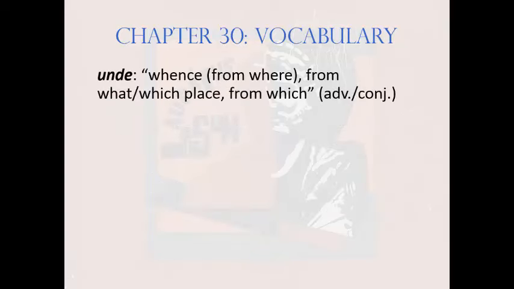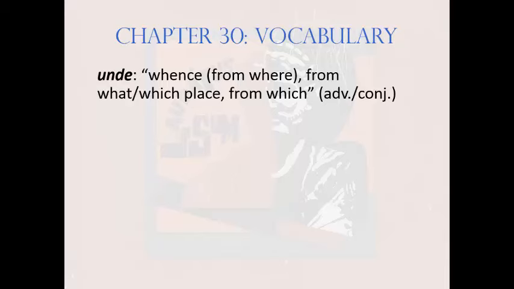The next to last word in this vocabulary is unde, a question word meaning whence, from where, from what place, or from which. It functions as both an adverb and a conjunction. You do understand that whence means from where, so from whence is idiotically redundant? Don't say it. Don't let it be said in your presence.